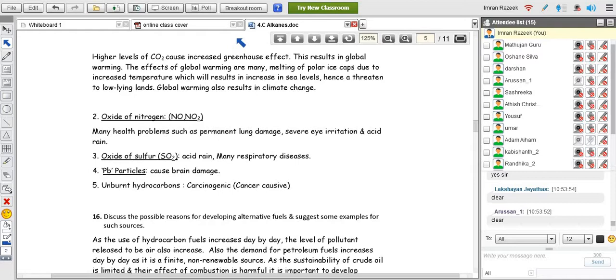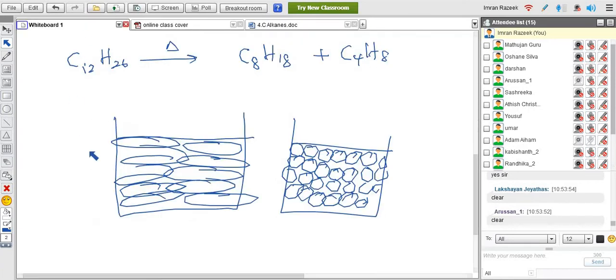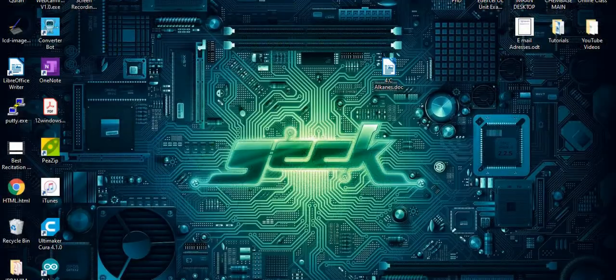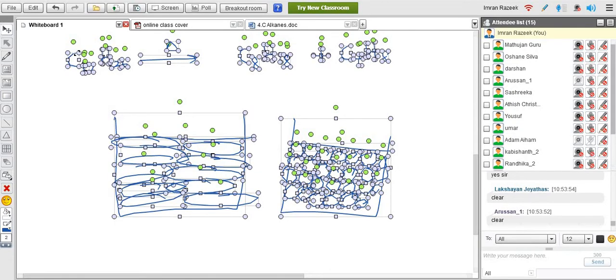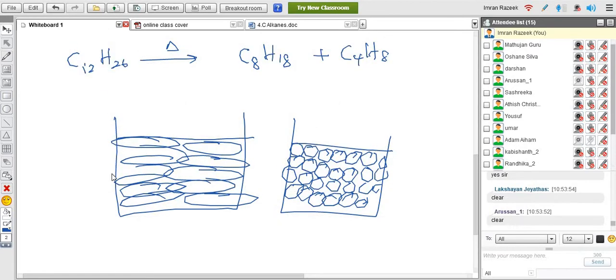Once the sulfurous acid, H2SO3, is formed, it can further react with oxygen and form sulfuric acid, right? So I'll write the reaction here.